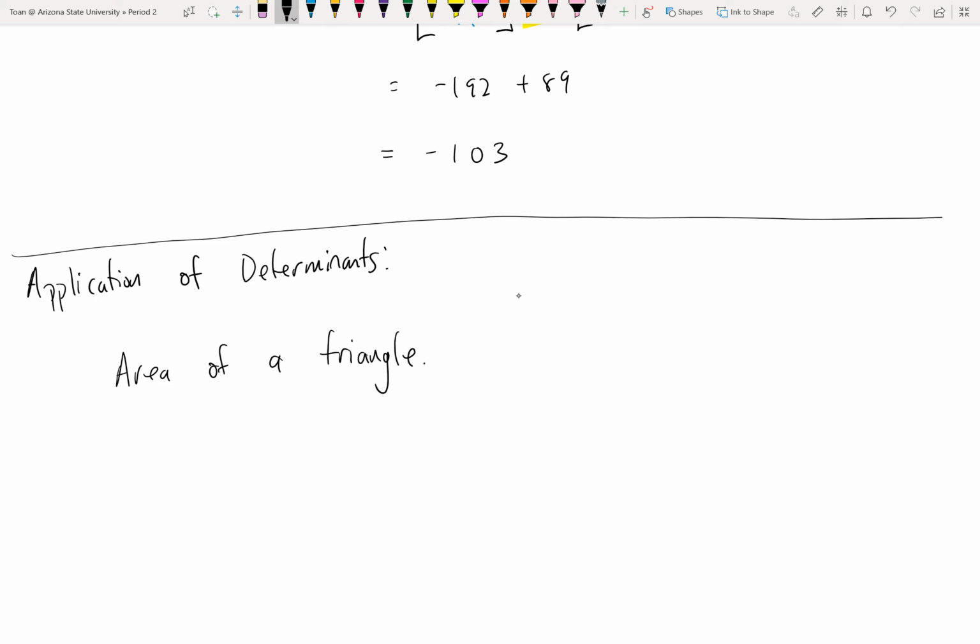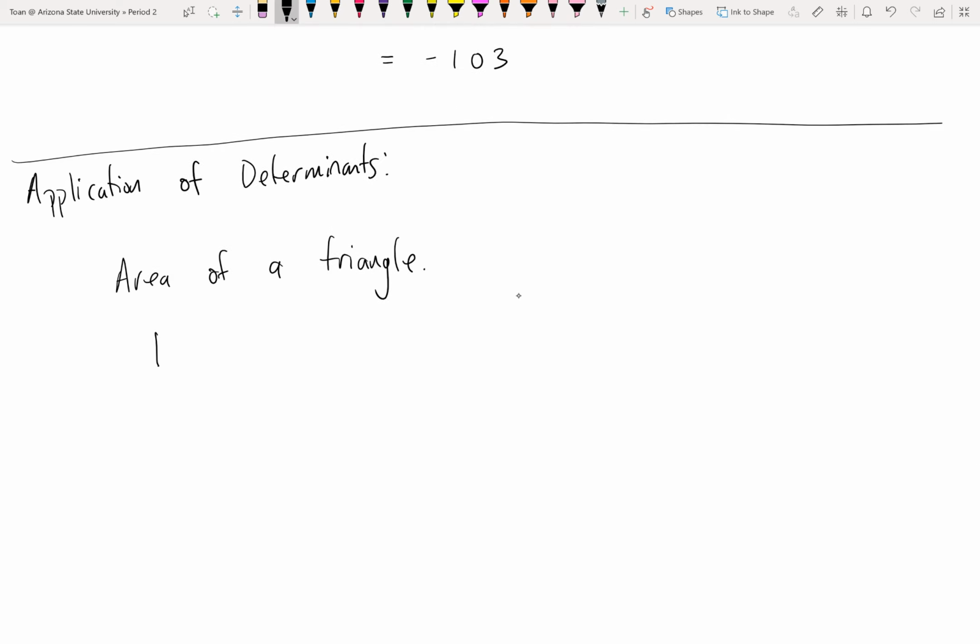So let's pretend that you're analyzing a map and you want to find a triangular area. What if you want to find areas between states and stuff? Well, if you know the coordinates of the vertices, you can use determinants to find the area. So here's the idea.